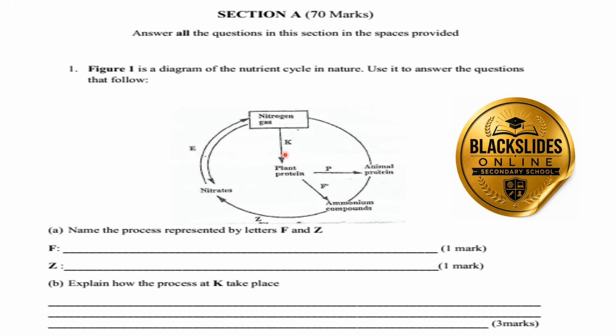K is a process called nitrogen fixation. Nitrogen fixation is a process that is carried out by a special bacteria which lives in the soil or in the roots of certain plants like beans, groundnuts, and others.